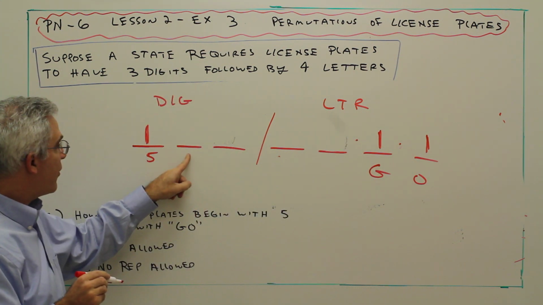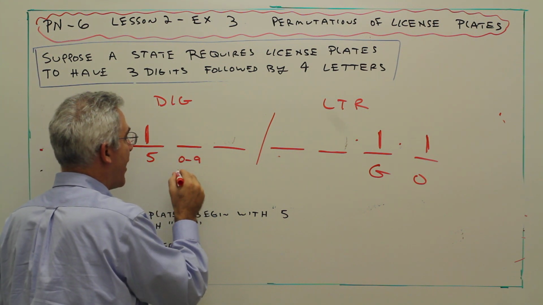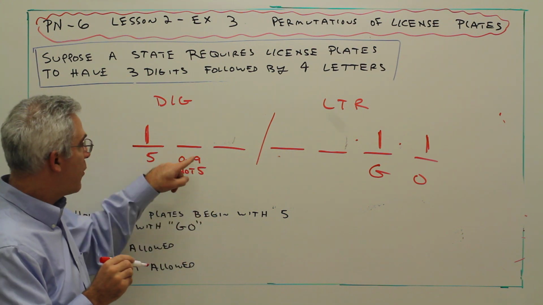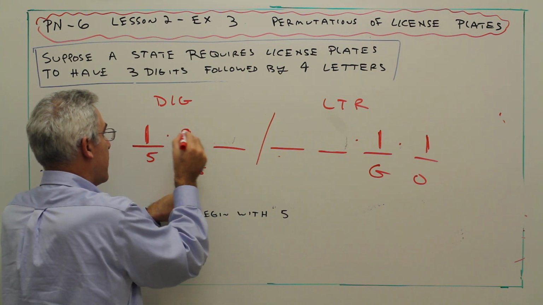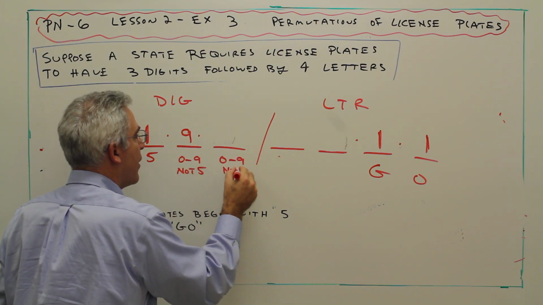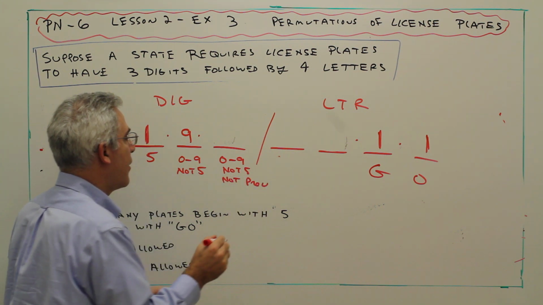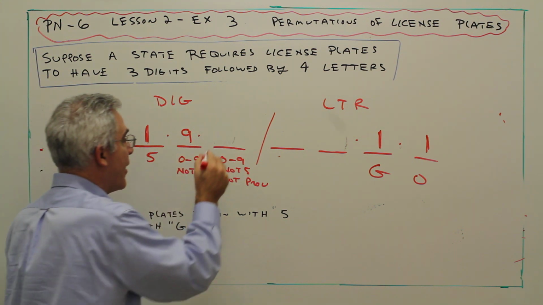So now for this digit, it could be anybody 0 through 9, but not 5. So there were 10 ways, now there's only 9 ways. Over here, 0 through 9, not 5, and not the previous. So there were 10 ways. Don't be that and don't be that. There's 8.